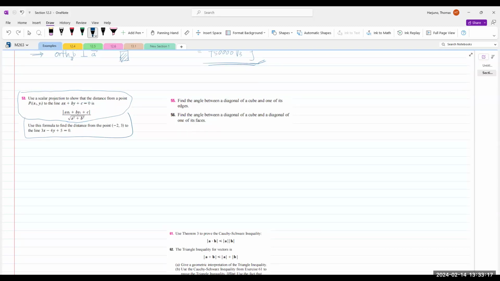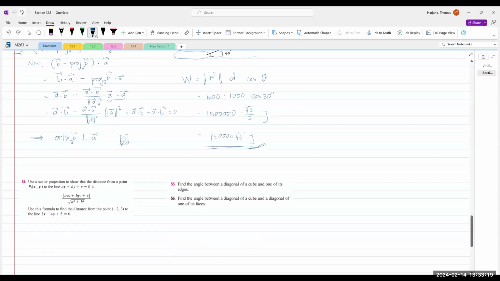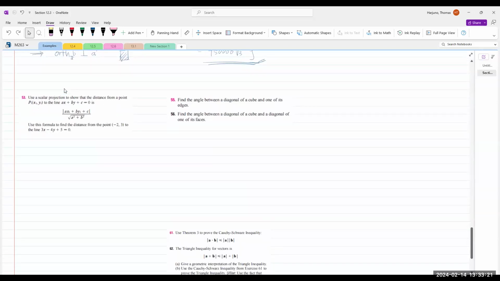Notice that we have the question: show that the distance from a point P1 given by x1, y1 to the line ax plus by plus c is given by this formula.